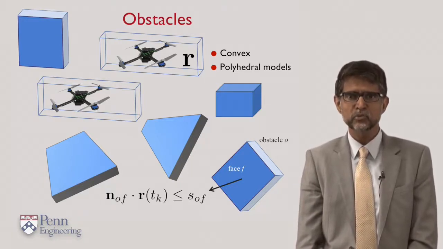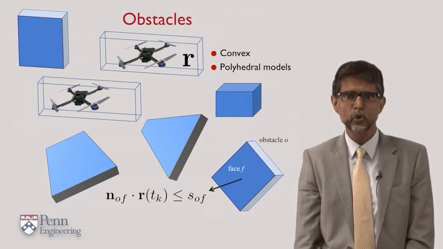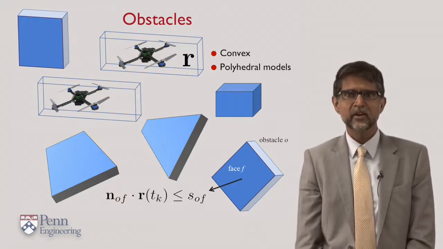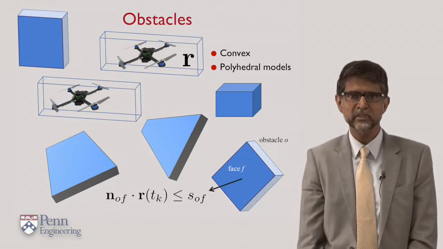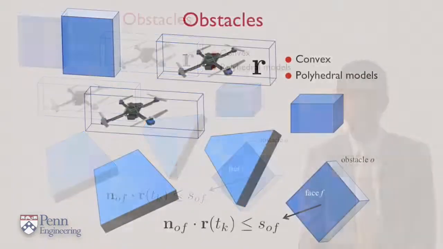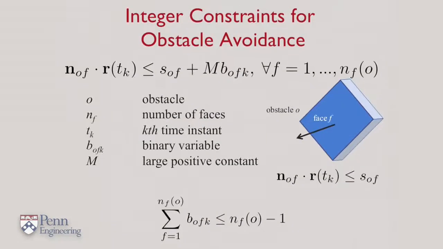It of course assumes that we know exactly where the obstacle is, and we know the normal n for each face F for all obstacles, in this case considering obstacle O. We can write similar equations for every face, for every obstacle, and every robot. This gives us the set of equations at the top.